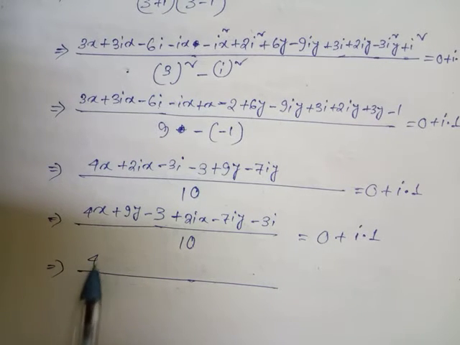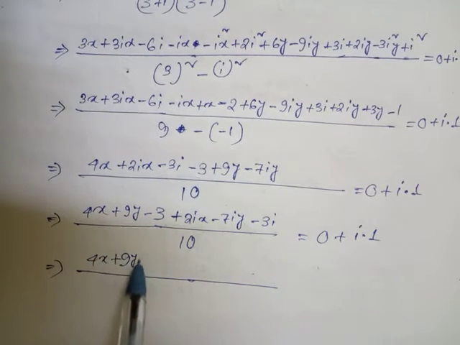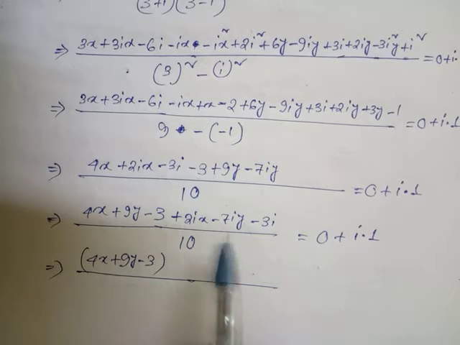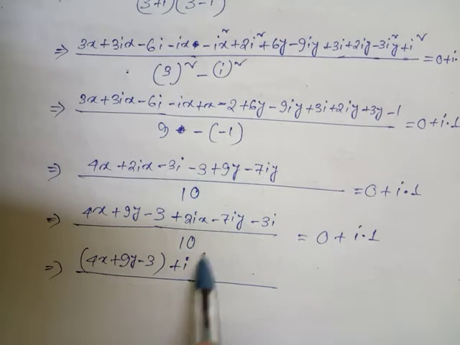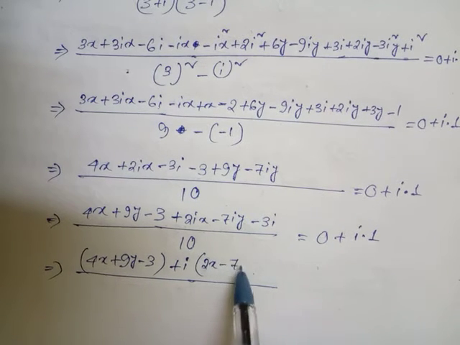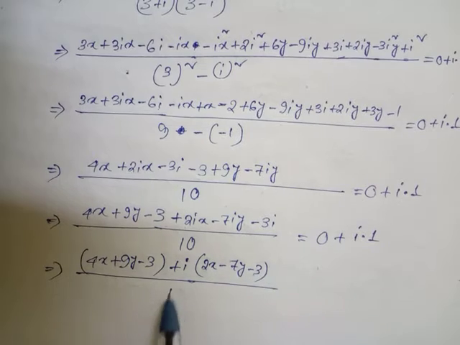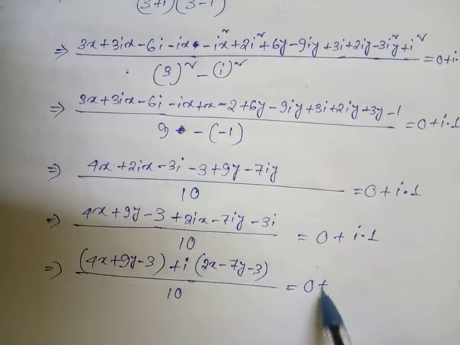Look here now, 4x plus 9y minus 3 is the real part, and imaginary is i, then 2x minus 7y minus 3 by 10 equal to 0 plus i into 1.